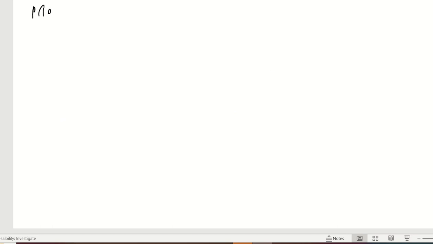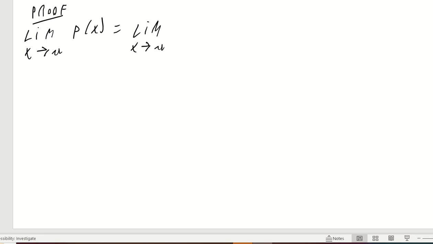So the proof is that if we take the limit as x approaches a of our polynomial p of x, this will be equal to the limit as x approaches a of the polynomial, c0 plus c1 by x plus a lot of other terms plus cn by x to the n.